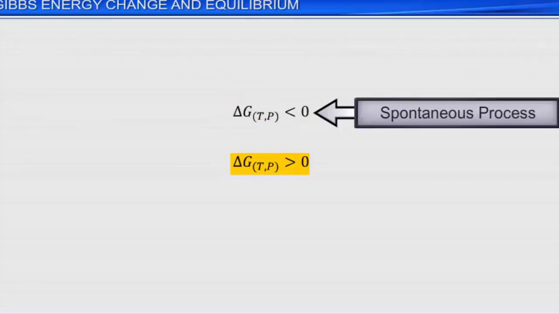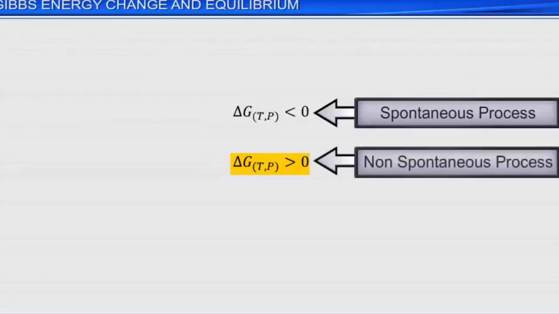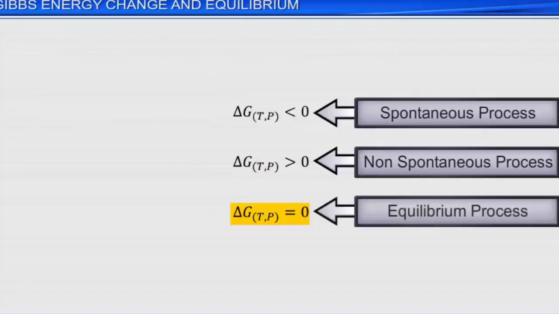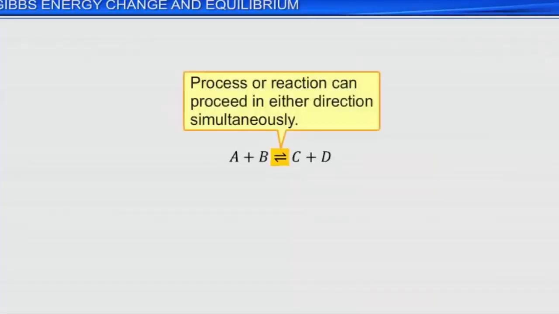Now, let's look at Gibbs energy for reversible reactions. We know that during a reversible reaction, a process or reaction can proceed in either direction simultaneously, so that a dynamic equilibrium is set up.